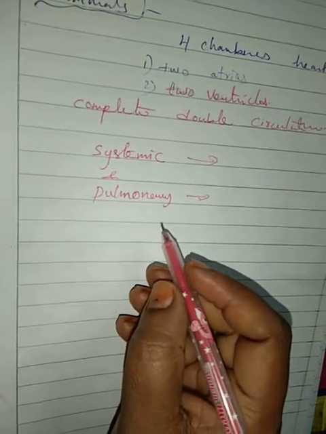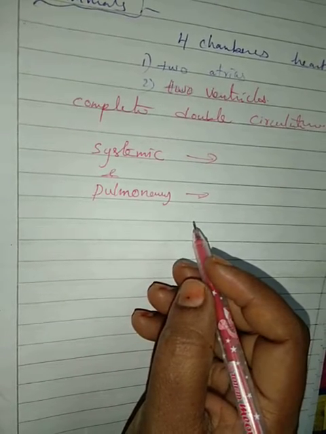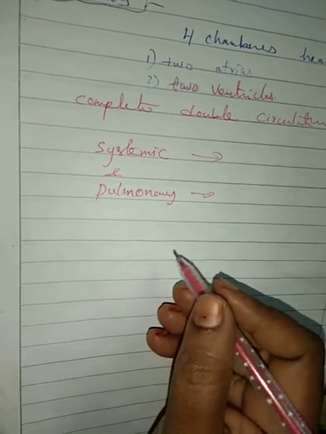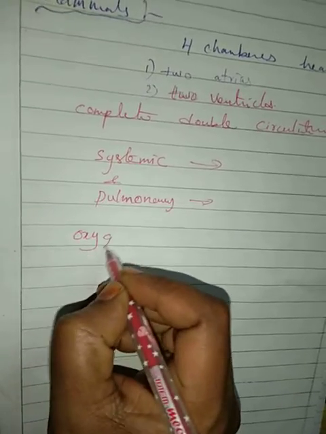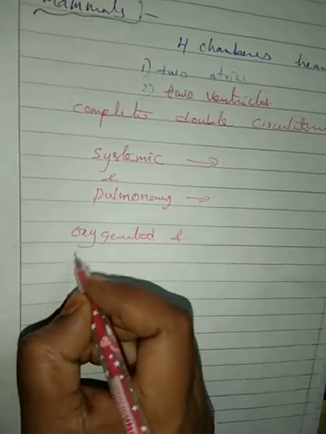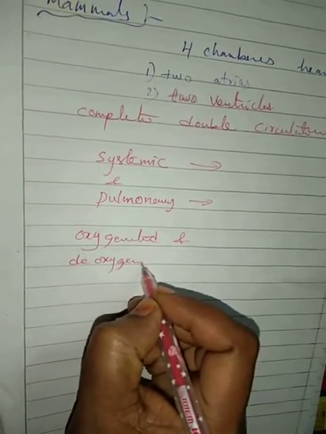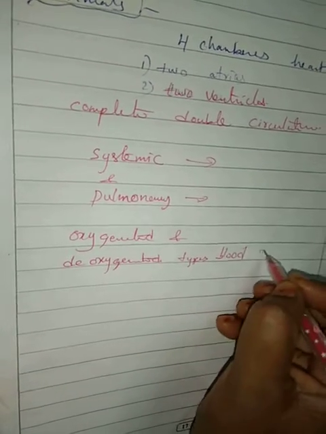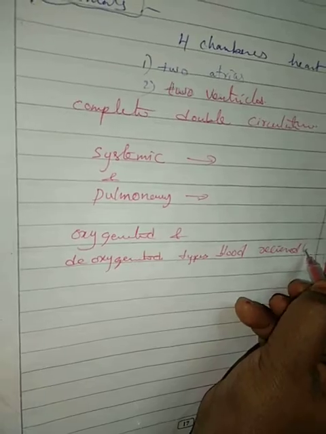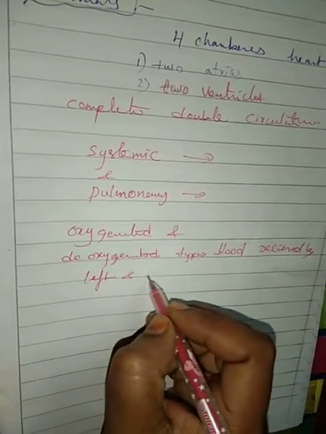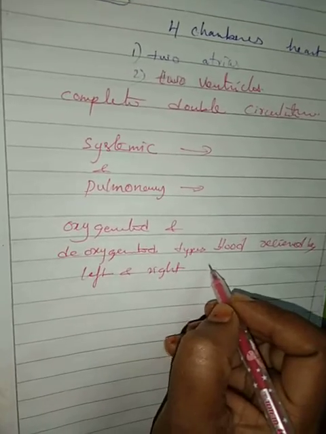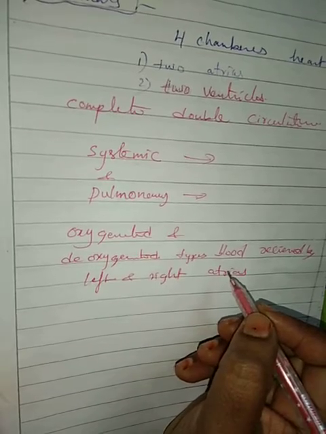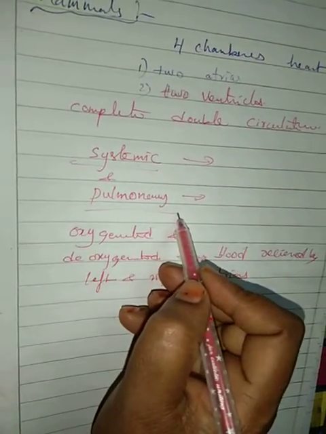In these animals, oxygenated and deoxygenated types of blood are received by the left and right atria. So these are the systemic and pulmonary circulations.